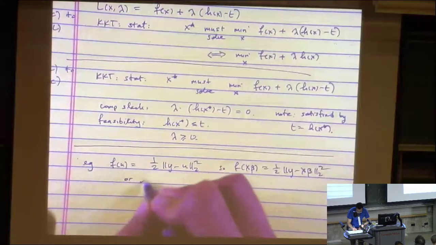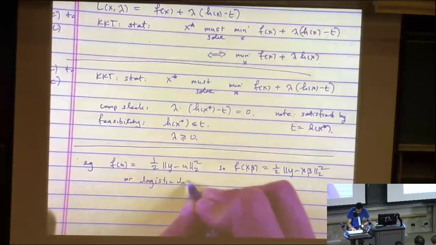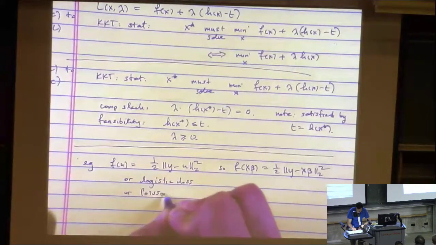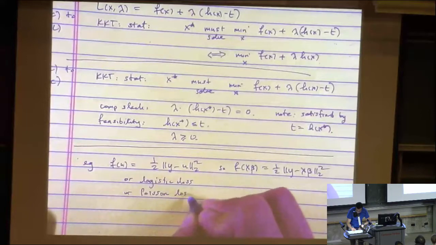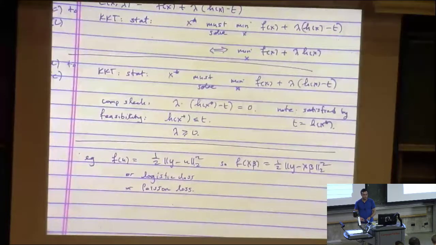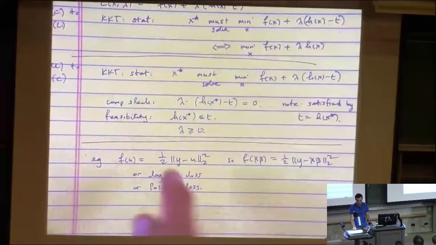Or we could take logistic loss, or we could take Poisson loss, or a bunch of other examples of a smooth, strictly convex loss function. And let me just emphasize, we're talking about strict convexity in the fit here, u.